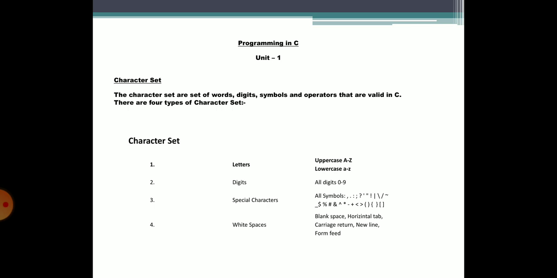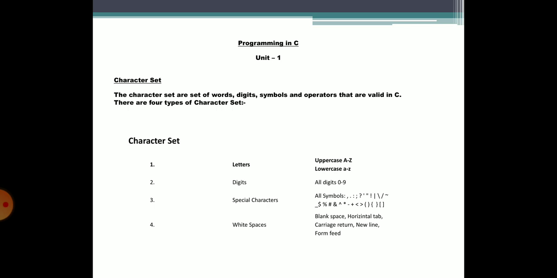And C is highly portable. This means that C programs written for one computer can be run on another computer with little or no modification. The C language is well suited for structured programming.